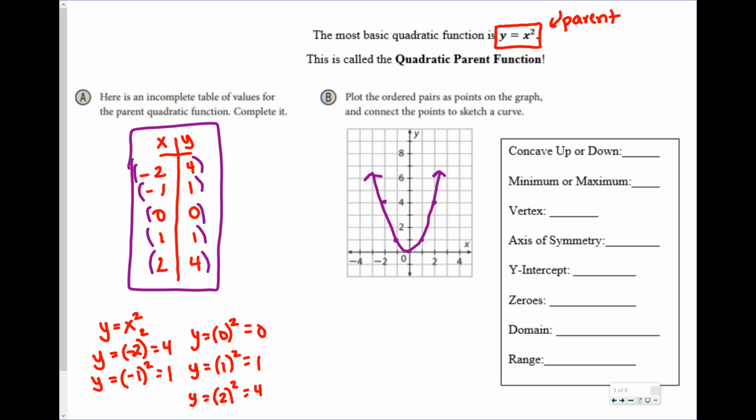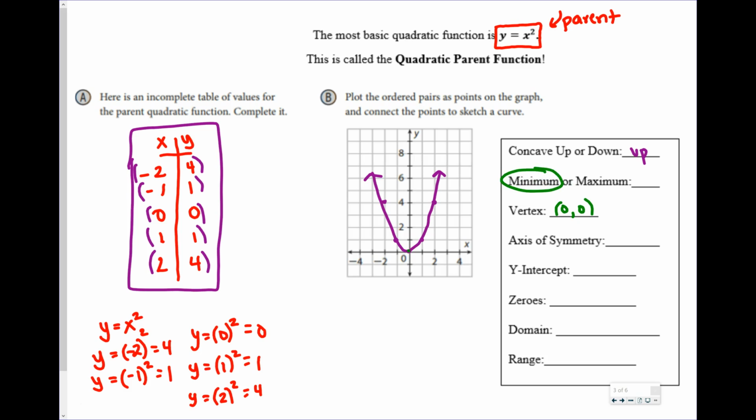Is this concave up or down? Remember, that's which way the arrows would be pointing. So this is concave up. Maximum or minimum is new, but maximum or minimum is asking you to describe the vertex. Well, the vertex is here at (0, 0). Now ask yourself, is that vertex the lowest point on your graph, or is it the highest point? It's your lowest point, so it's a minimum.